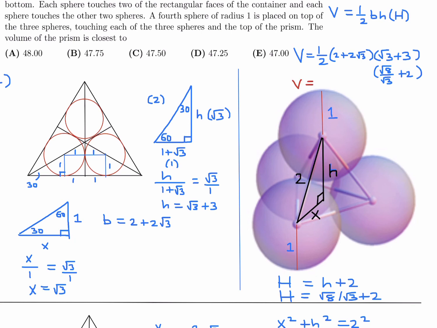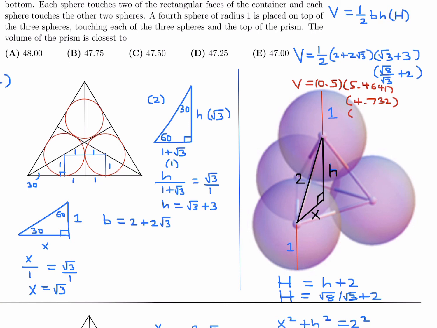And when I do, I get, well, obviously 0.5 for that half. This 2 plus 2 root 3 is approximately 5.4641. Then we're going to multiply by root 3 plus 3. So that's 4.732. And then finally this guy, root 8 over root 3 plus 2.